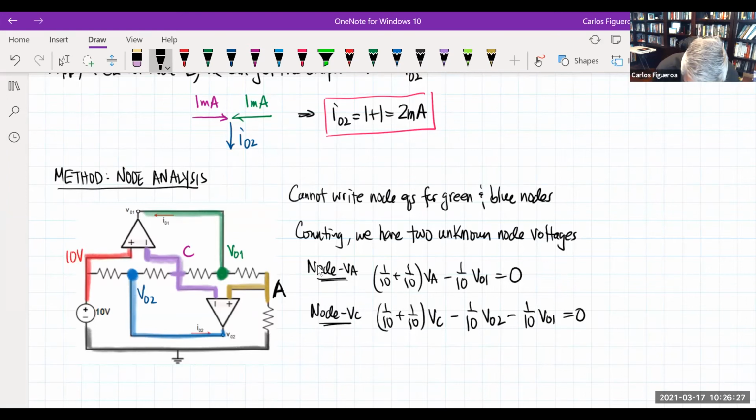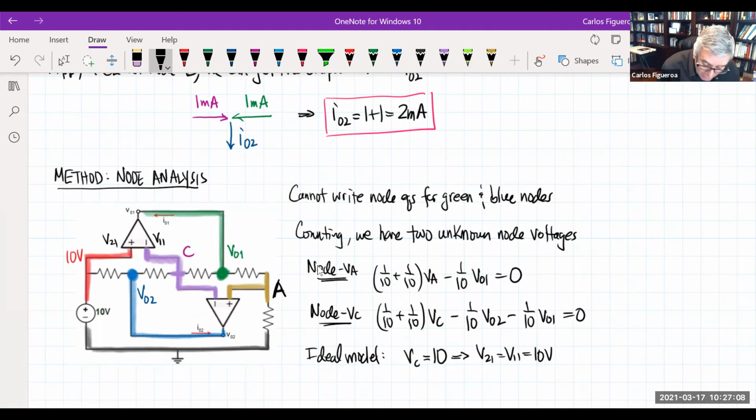So what does the ideal model tell us here? The ideal model tells us that VC must be 10. This is going to be V21, this is going to be V11, and that really comes from the fact that I'm setting these two nodes to be exactly the same, which is then the same as 10 volts.